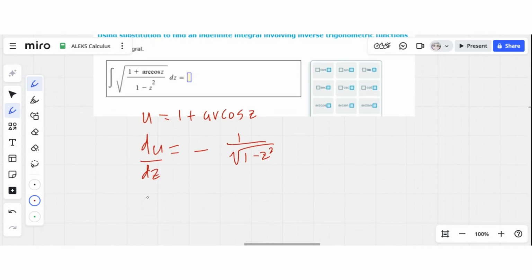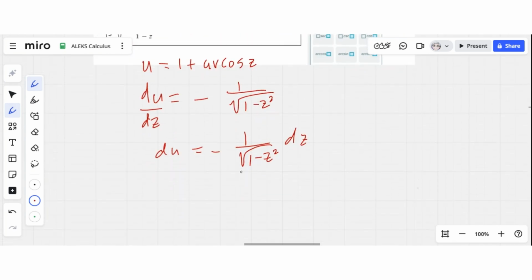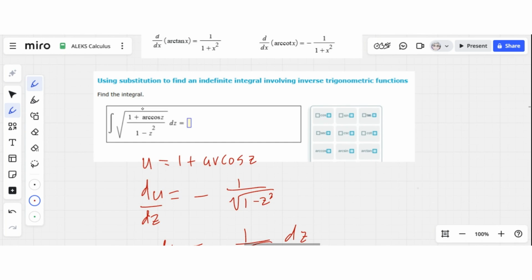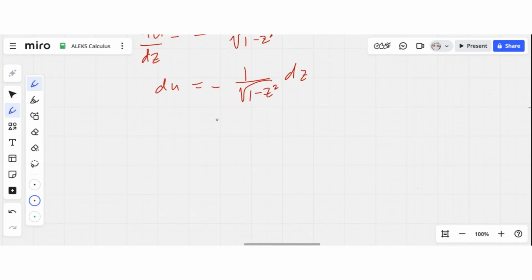So I'm going to multiply by dz on both sides. We get du equals negative 1 over the square root of 1 minus z squared dz. Then I'm going to factor out that negative 1, because we don't have a negative sign here, so I don't want du to be a negative. So I'm going to divide by negative 1, and I get negative du equals a positive 1 over the square root of 1 minus z squared dz.